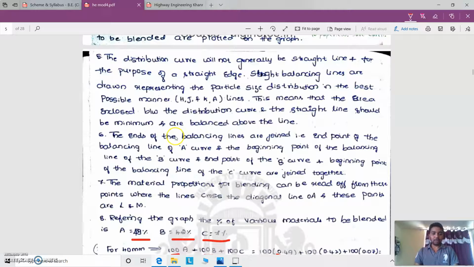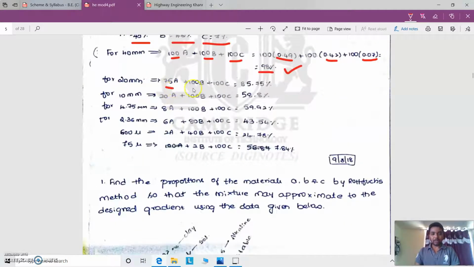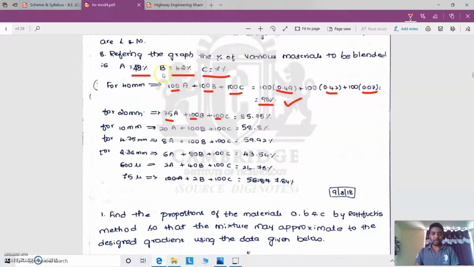That is what is written here: 75 times A, which is 0.49, B is 0.42 and C is 0.07. Once you substitute here you will get 85.75%. Similarly for 10 mm we will have the passing of A, B and C. If it is written as a dotted line, it is considered to be 100.